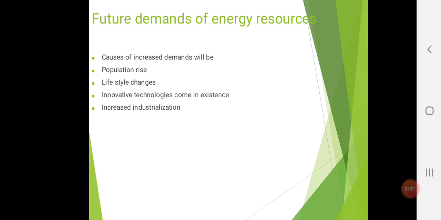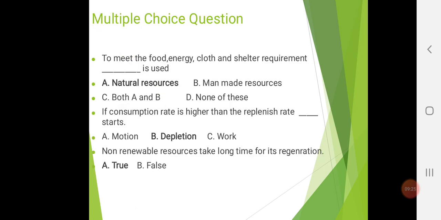For all this automation, definitely a lot of energy will be required, and innovative technologies come into existence to make our life comfortable. Increased industrialization is also a reason behind the increased demand for energy resources.